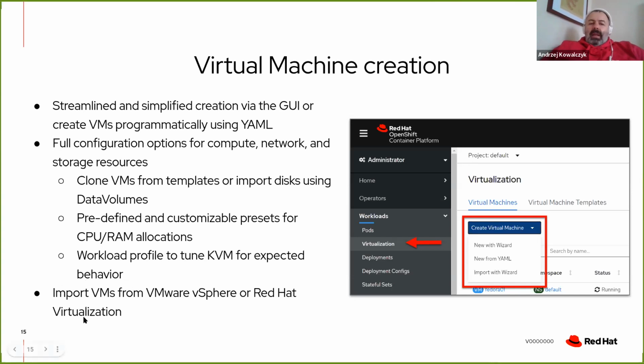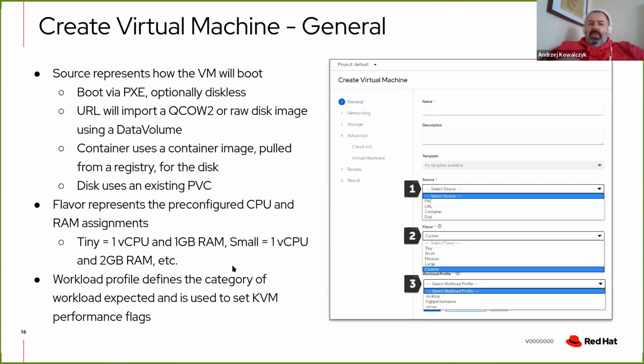You can connect to a hypervisor like VMware or Red Hat Virtualization, and you can import it. You can import machine by machine, or you can use a batch importer. It means you connect to the hypervisor server, it detects the VMs, and it imports them. So this is very, very useful.